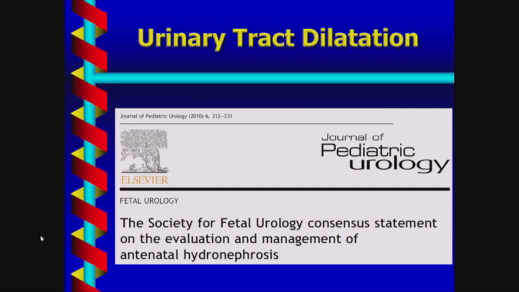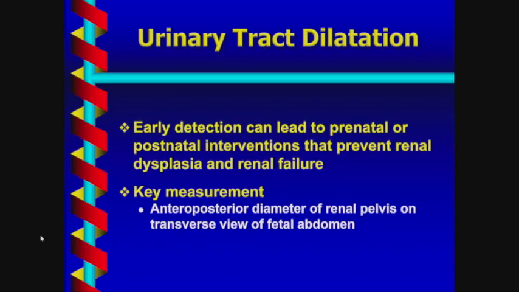Urinary tract dilatation is yet another area in which fetal measurements play an important role. And here I'll be quoting from recommendations based on a consensus statement from a few years ago, from pretty recently.